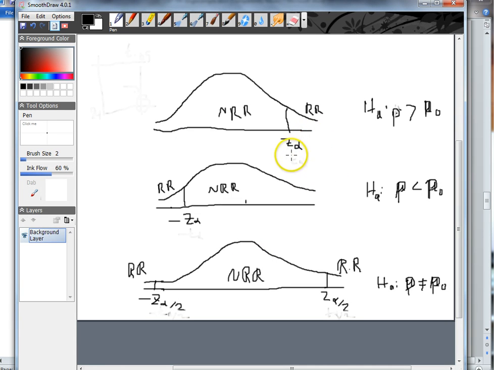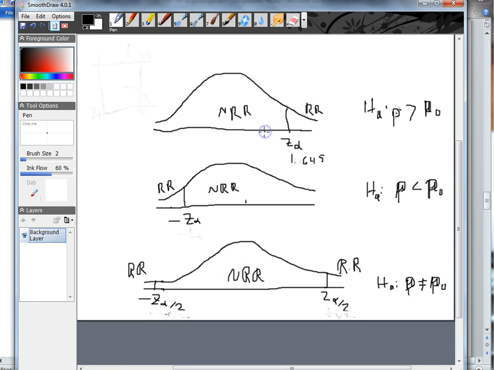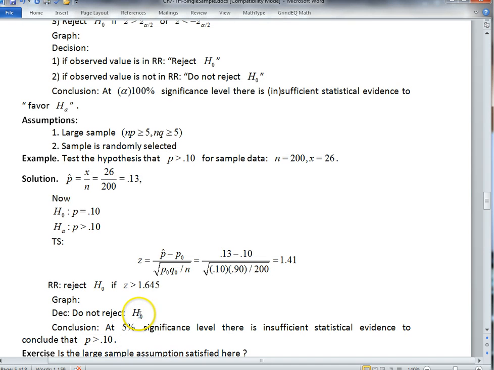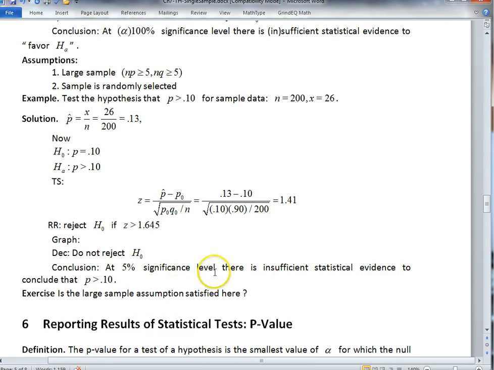So this is going to be 1.645, and the value I obtained was 1.41. 1.41 falls down here, which is less than this value. So I'm not in the rejection region. So my decision is do not reject H0. At the 5% significance level, there is insufficient statistical evidence to conclude that P is greater than 10%.